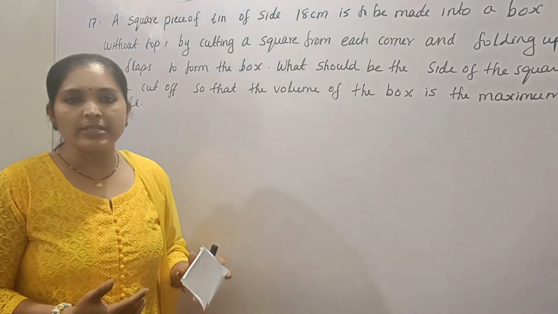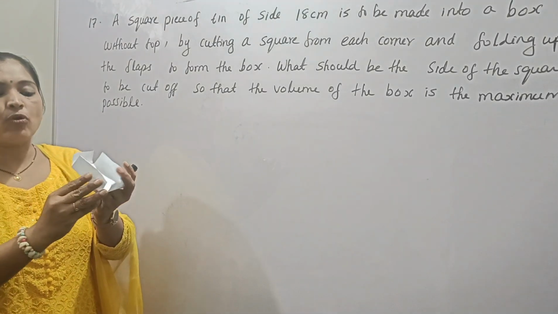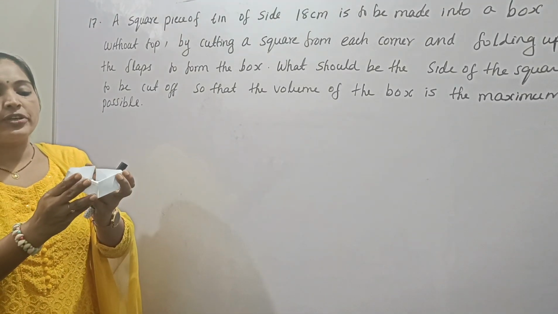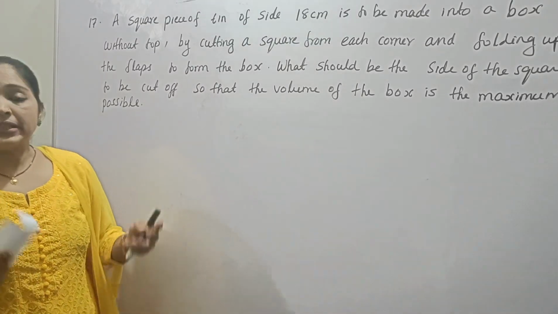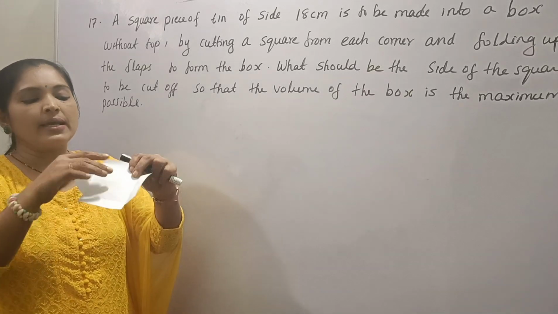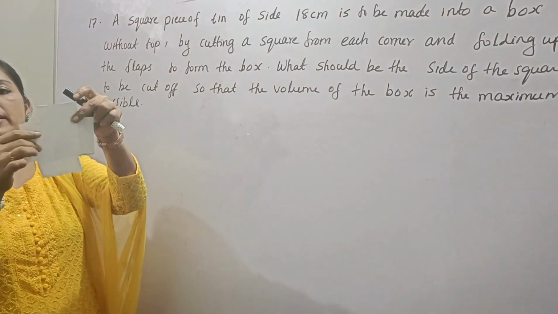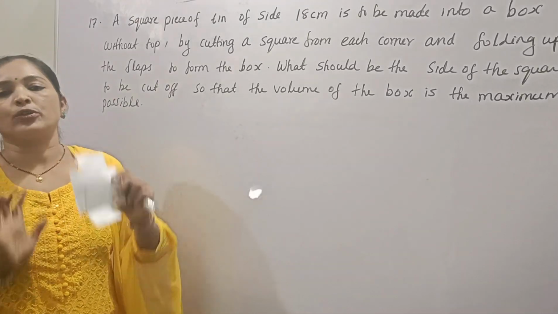Here what we have to find is, after folding we will get a box, right? So when the volume of the box is maximum, what is the side of these squares to be cut off?